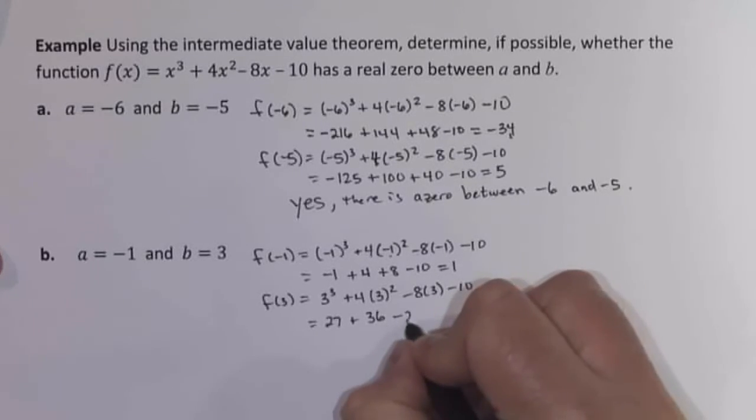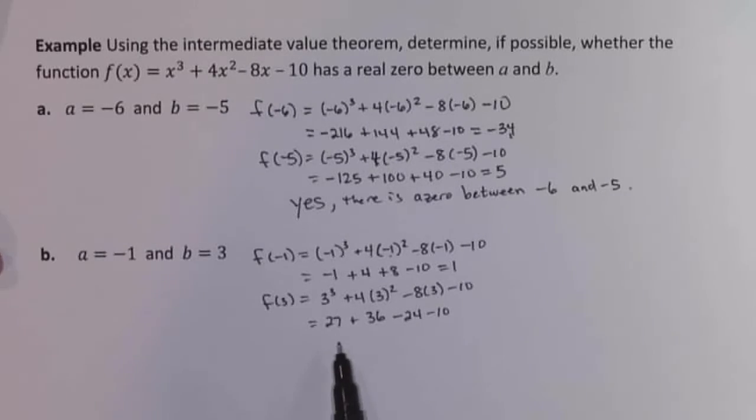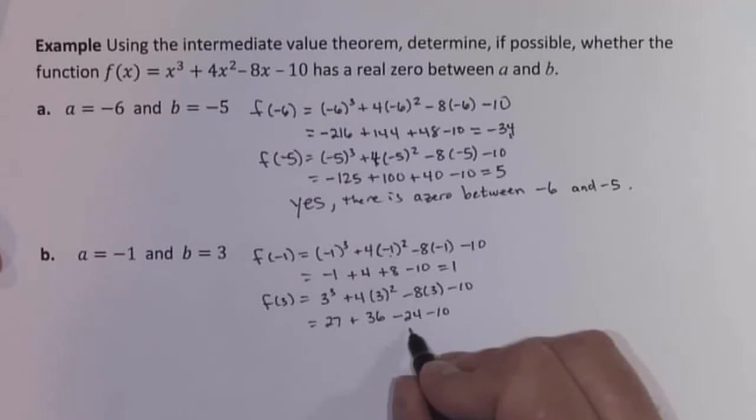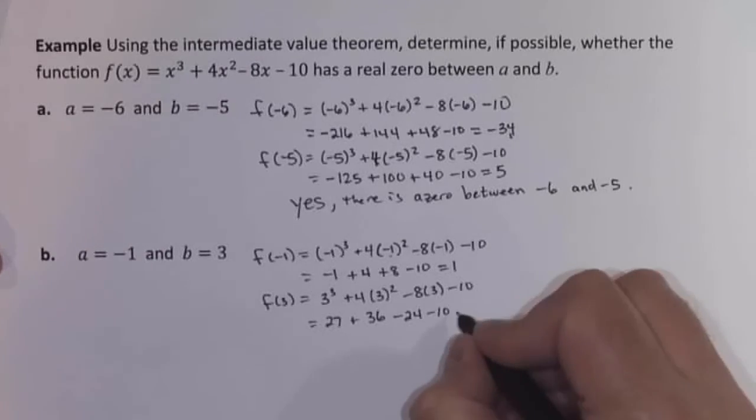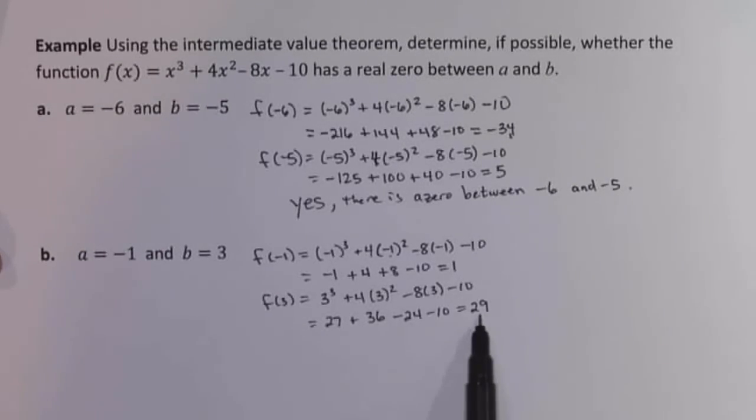Minus 8 times 3 is minus 24, minus 10. So 27 plus 36 is 63. 63 minus 24 is 39. And 39 minus 10 is 29. So f of 3 is 29, which is also positive.